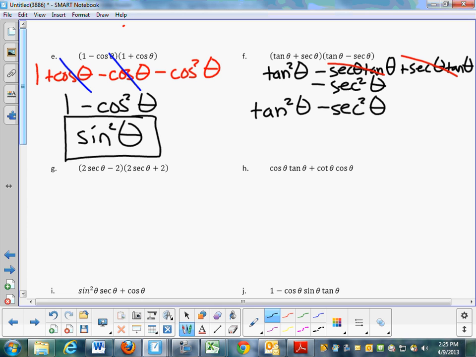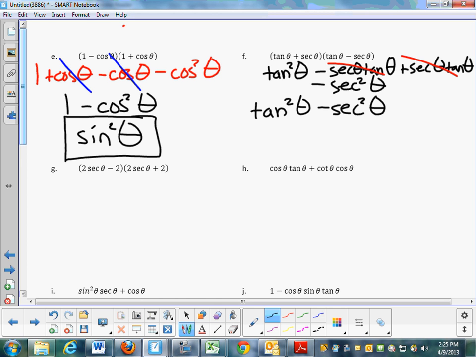Huh. What to do, what to do, what to do. It's not 1. It's -1. Why is it -1? Isn't secant squared?